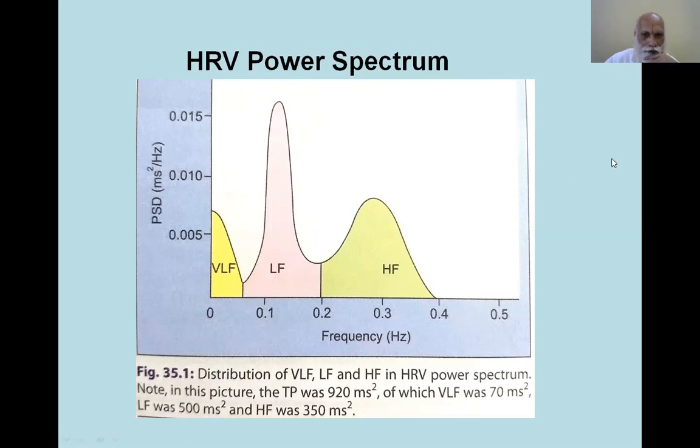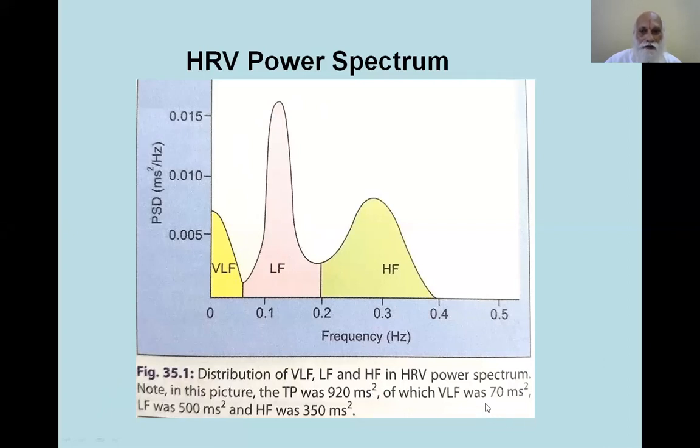Now, you see the distribution of very low frequency, low frequency and high frequency in the HRV power spectrum here, and in this picture the total power, all of this put together, is 920 square milliseconds.